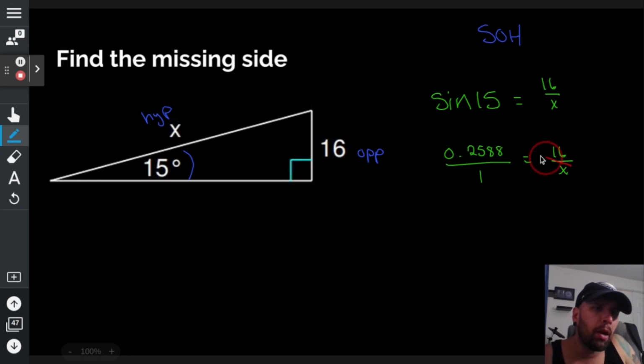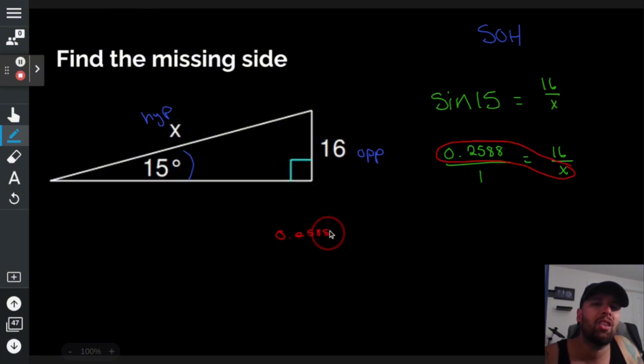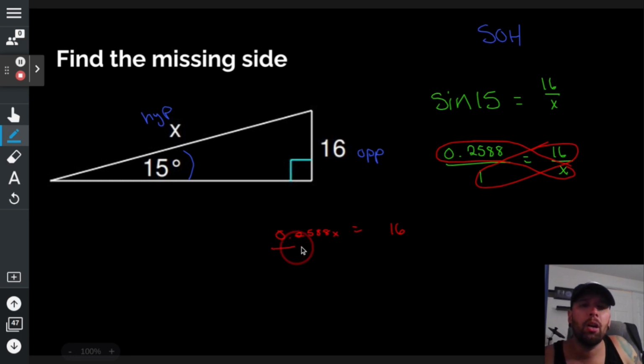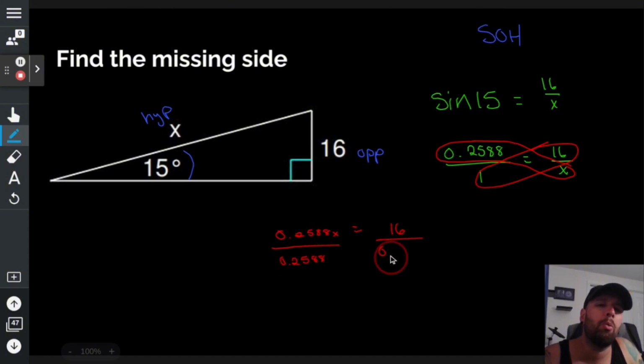So whenever you have a proportion, you crisscross applesauce, you multiply those guys together. So that's 0.2588 times x is going to equal 16 times 1, which is 16. Is x all by itself? No. Divide both sides by 0.2588.